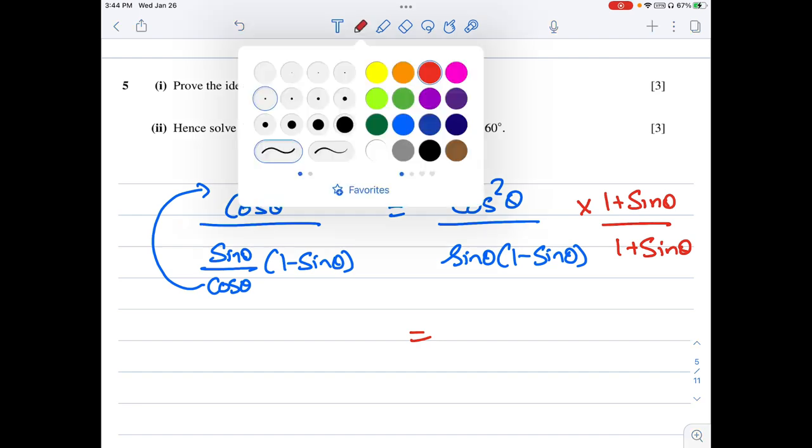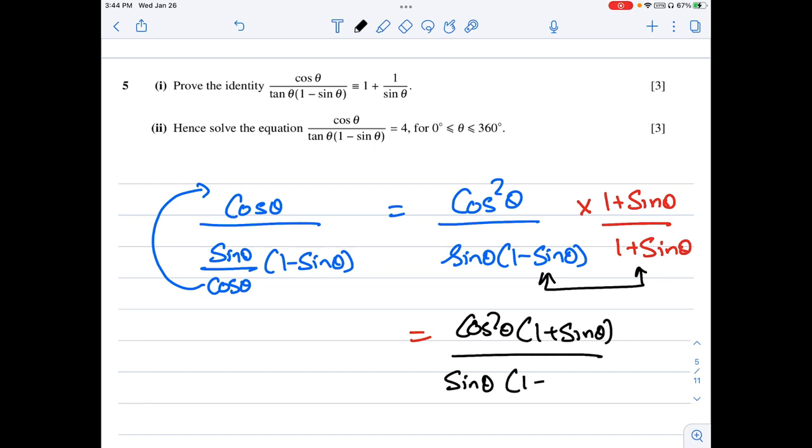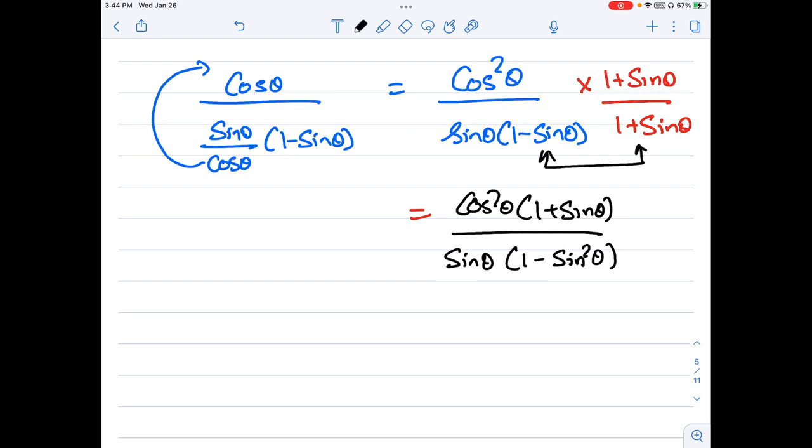So what does that become now? Cos square theta times 1 plus sin theta divided by sin theta times, a plus b into a minus b is a square minus b square, 1 minus sin square theta. 1 minus sin square theta is cos square theta. So cos square theta times 1 plus sin theta divided by sin theta times cos square theta.